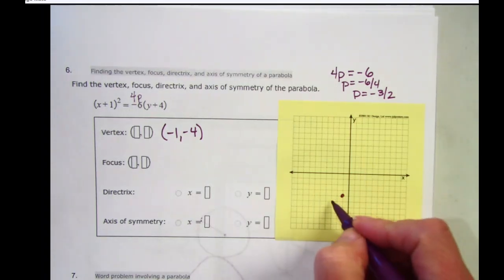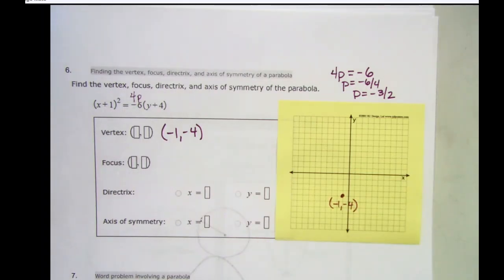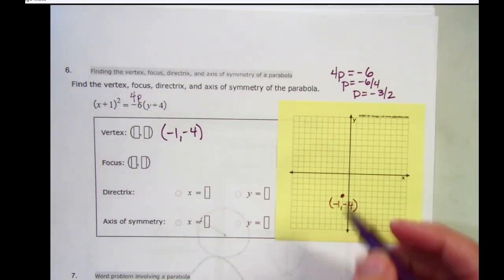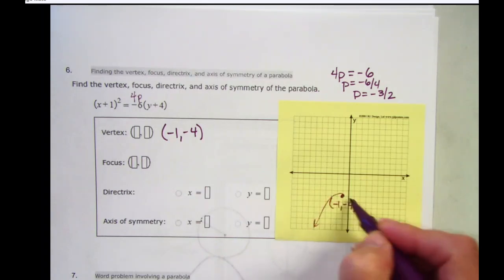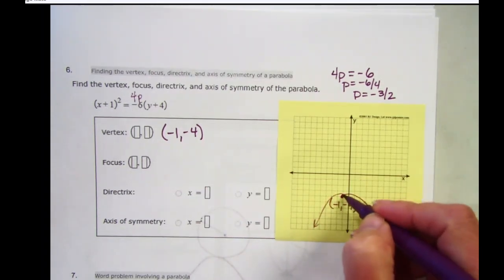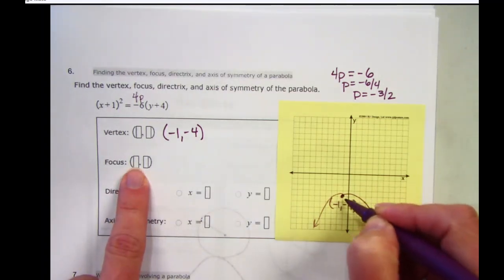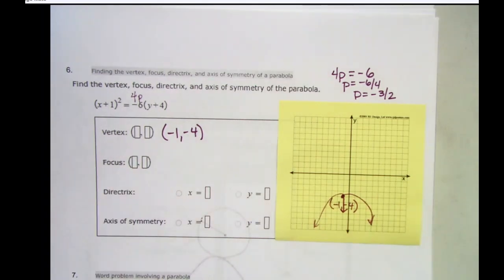If my vertex is right here at -1, -4, which way did we say it opens? Down. So we know it opens this way. Okay. Which one does it ask for? The focus? So I need to go in this direction because the focus is inside, right? The focus is inside the parabola.